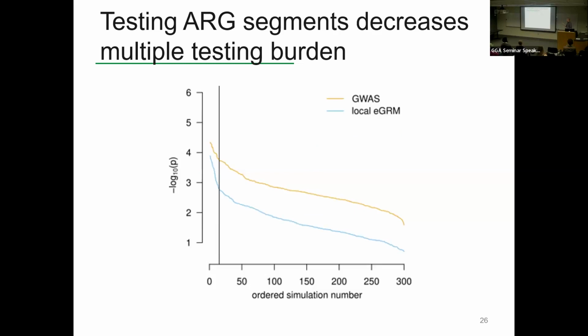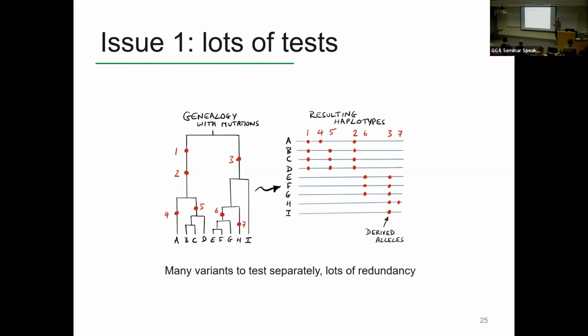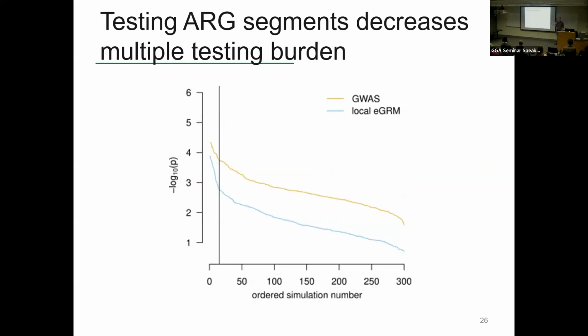And unsurprisingly, that's true. This plot shows that we do actually reduce the multiple testing burden. What I'm showing you is a bunch of null simulations for a 1 megabase region. The y-axis is the smallest p-value of all these null tests in the 1 megabase region.